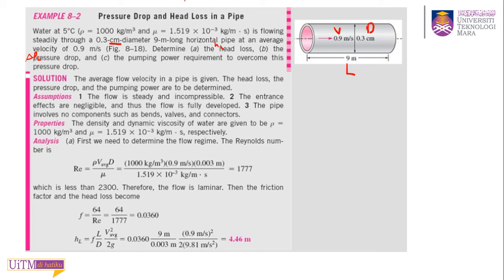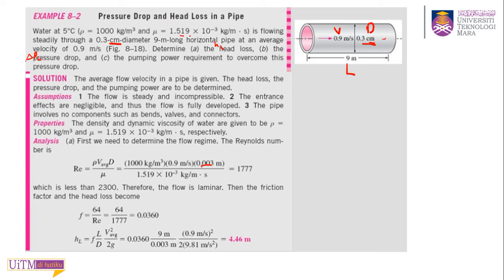Okay, first thing first, we need to know whether our flow is turbulent or laminar. To get that, we use this equation, the Reynolds number: rho times average velocity times diameter over mu. We have everything: the rho, the velocity, and the diameter. You need to change the diameter in terms of meter. This is 0.3 cm, so you need to change this to meter. Divide by the dynamic viscosity, which they give you.